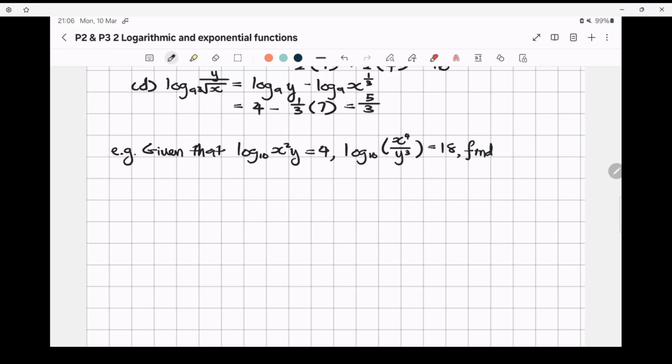Find the values of log base 10 x and log base 10 y.